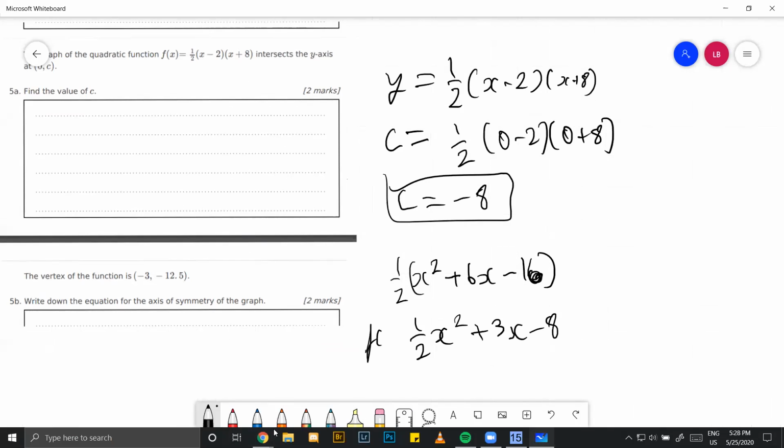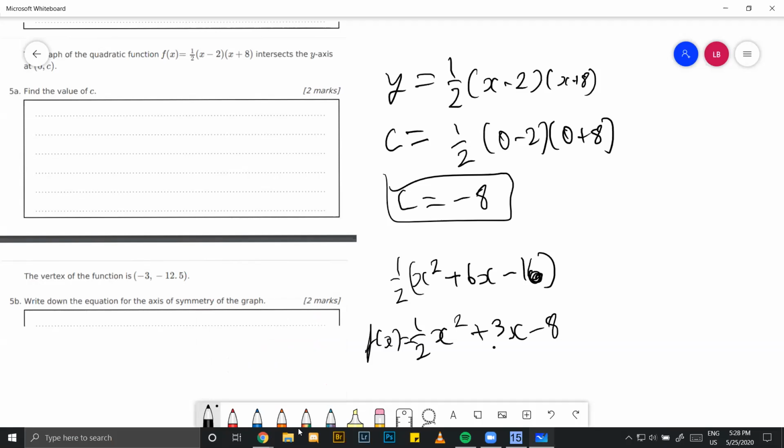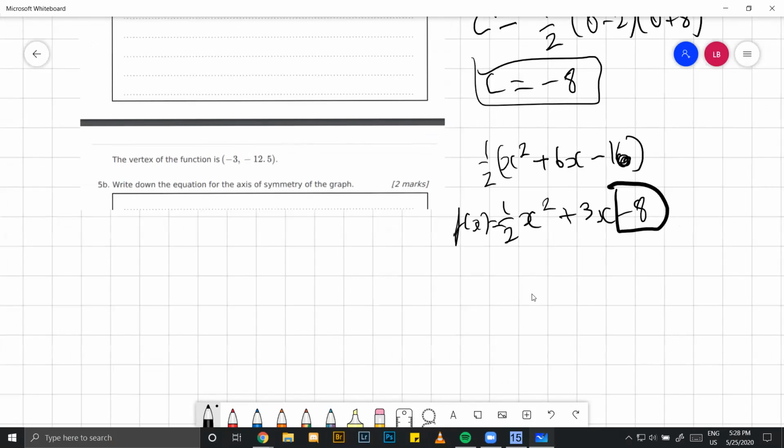Whenever f of x is in this form for a quadratic, the constant at the end is the y-intercept. So negative 8 is going to be your y-intercept. That's another way you could have figured it out. So these two methods you could have used to figure out the first question.